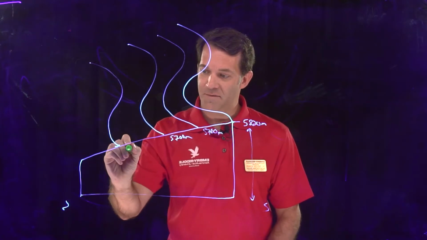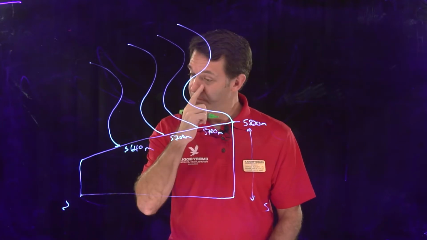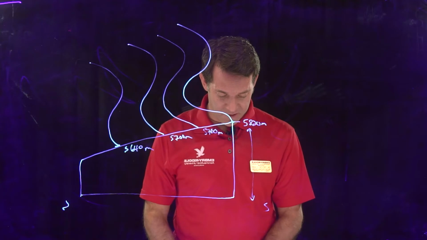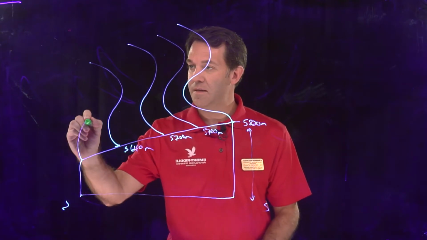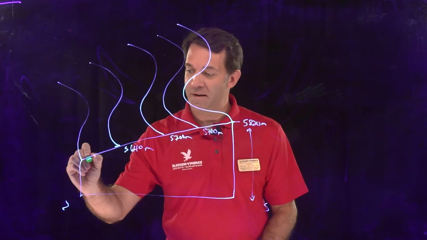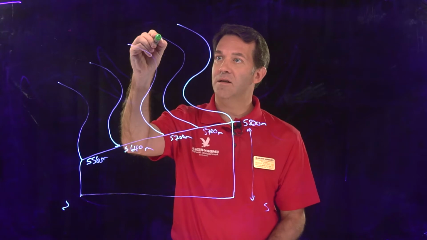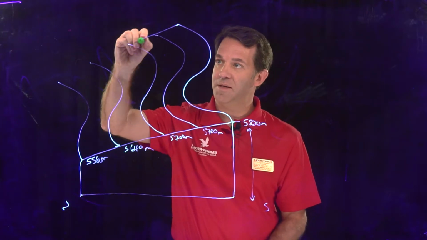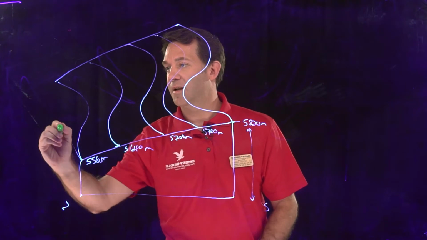So this is 5,640 meters. And there is one behind that, which is the 5,580. Okay. And we can put that in: 5,580 meters. And then I can close or connect all of these to begin to create that 3D image that I'm looking for.